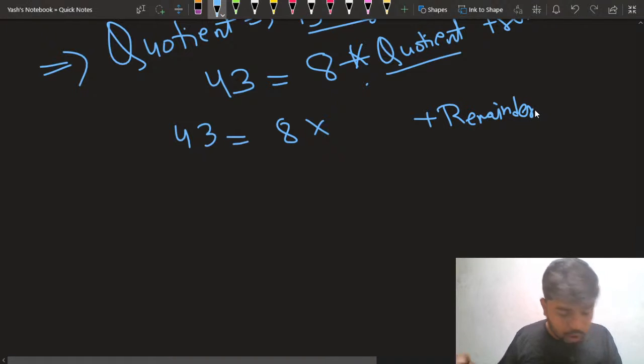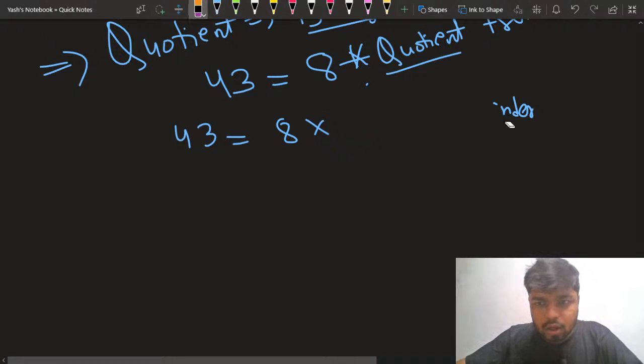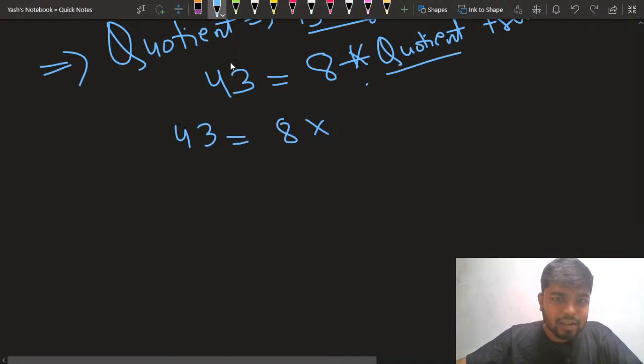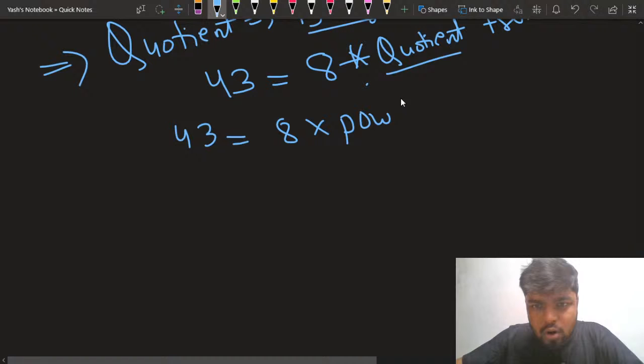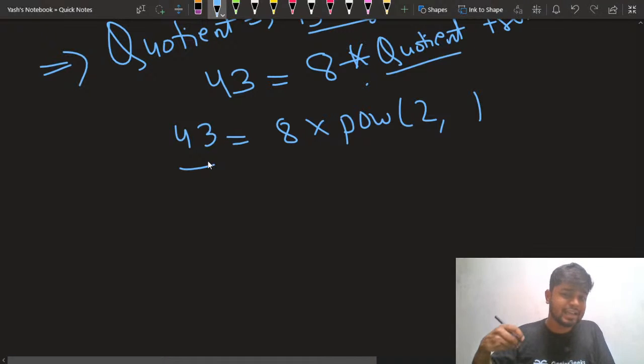What power of 2 do you multiply with this 8 so that it does not exceed 43? It can be equal to 43, but it must not exceed 43. Can someone tell me what that number can be?